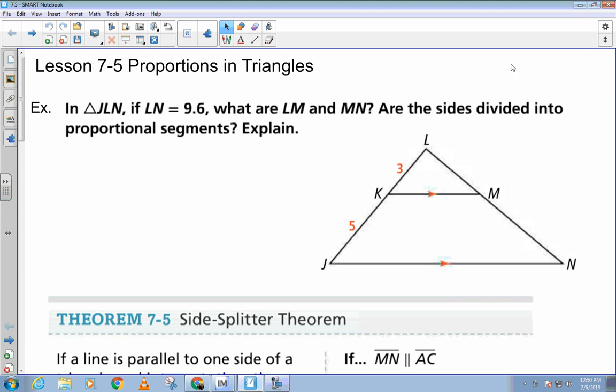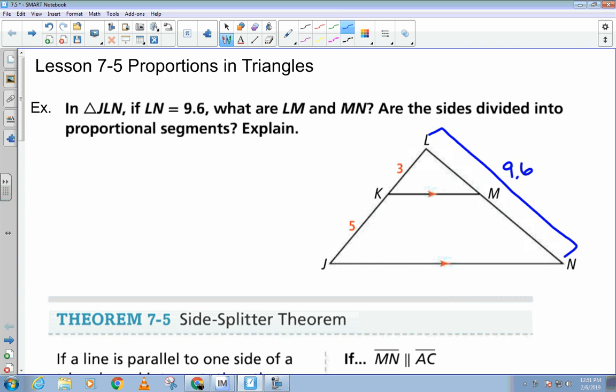Okay, so in triangle JLN, if LN is 9.6, what are LM and MN? We know that LN is 9.6, and we want both of these pieces.